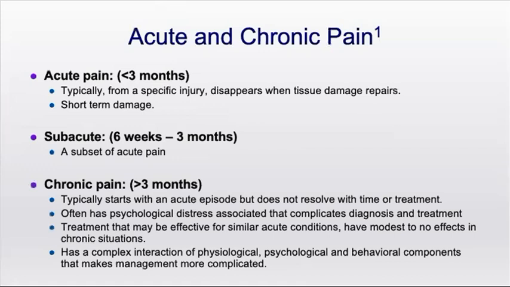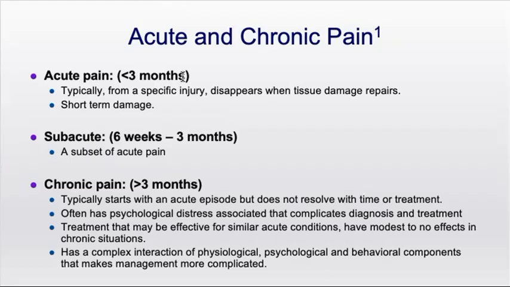This slide gives you a bit more depth in the understanding of acute, subacute, and chronic pain. So, as we mentioned last week, acute pain is anything that has occurred within the last 3 months. It's typically from some sort of specific injury, and it typically disappears within that 3 month period.